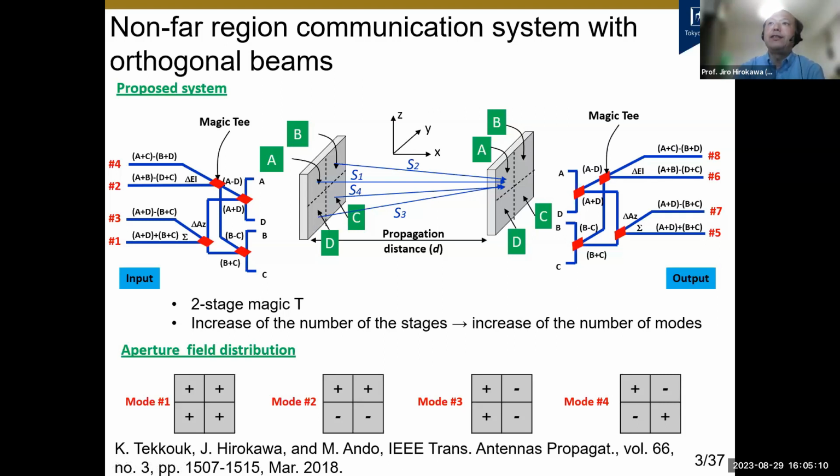Actually, these two-dimensional monopulse circuits are composed of 2-stage magic T. Then these two-dimensional monopulse circuits excite 4 types of modes having two-dimensional polarity.